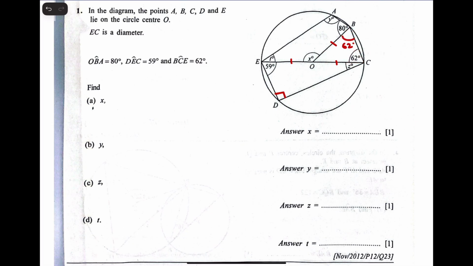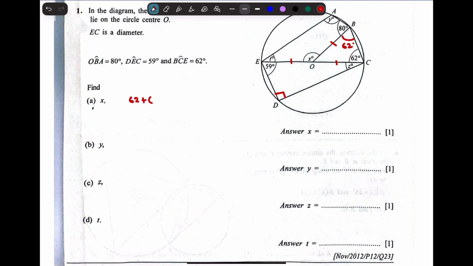The sum of angles in a triangle is 180. So 62 plus 62 plus theta should equal 180. So theta is going to be 180 minus 124, which is 56 degrees.